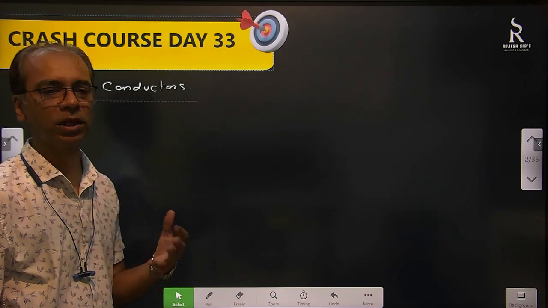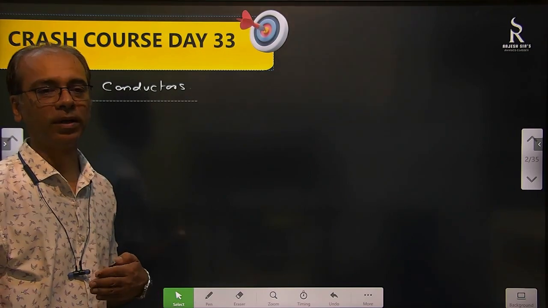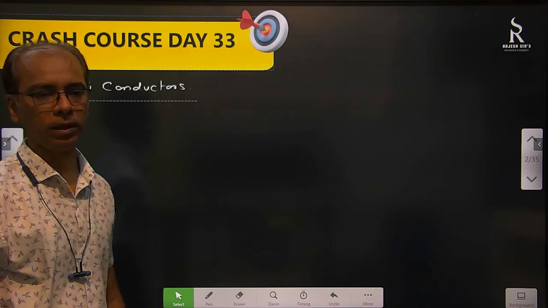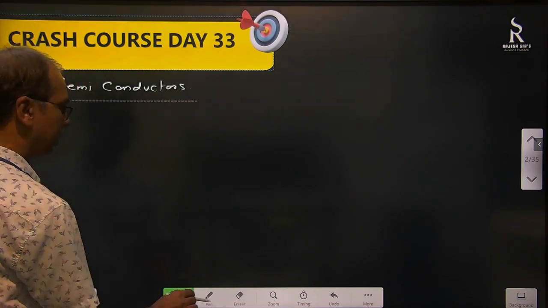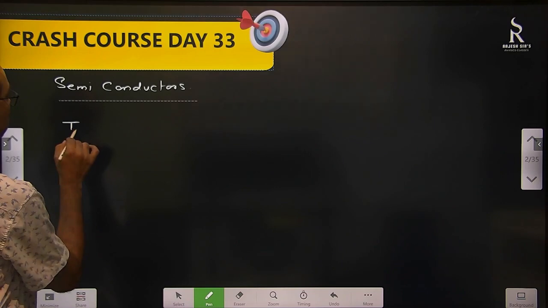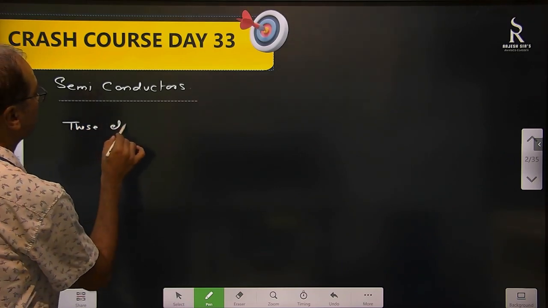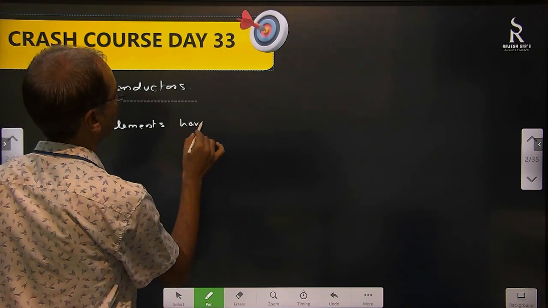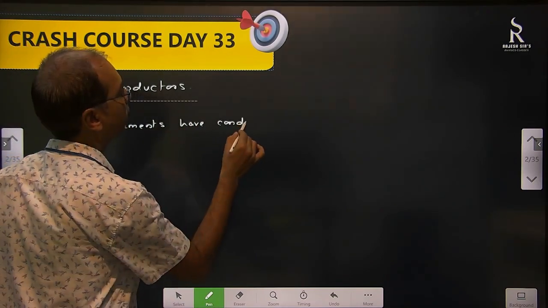A semiconductor is the kind of element which has conductivity in between conductors and insulators. Conductivity of what?